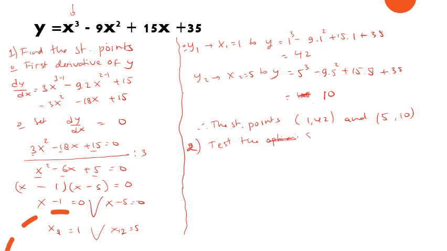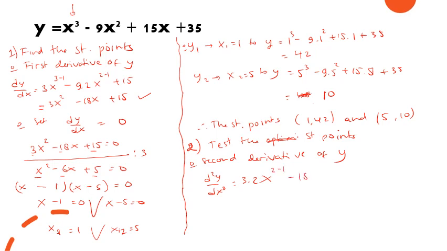Test the stationary points through what? The second derivative of y, so now d squared y over dx squared. We derive from the first derivative here: 3x squared, derive that, 3 times 2x, power 2 minus 1, right?